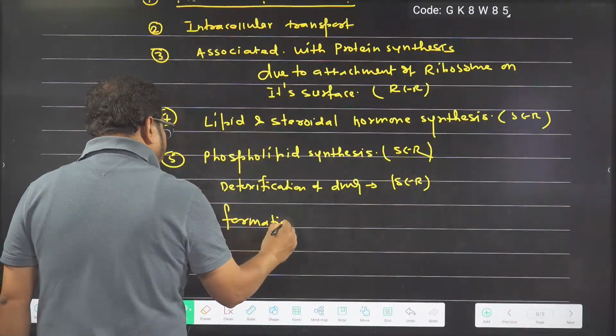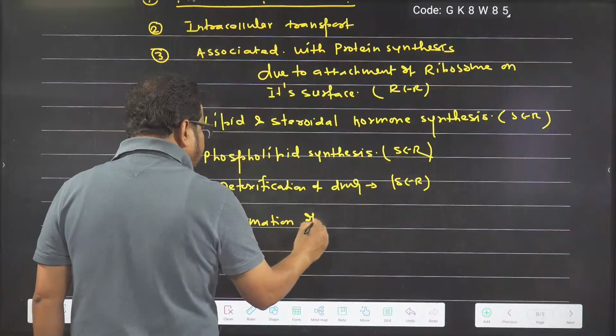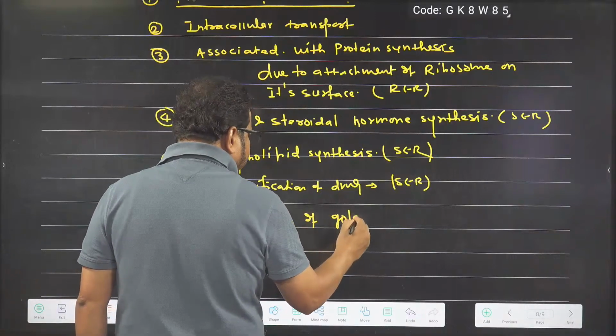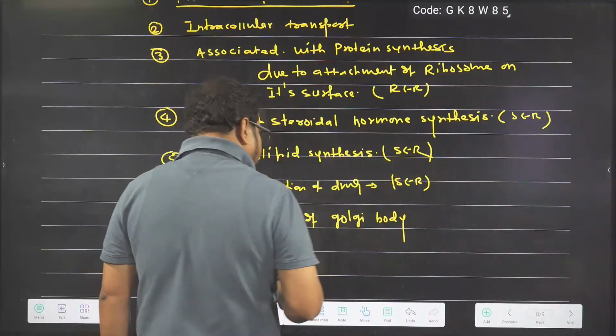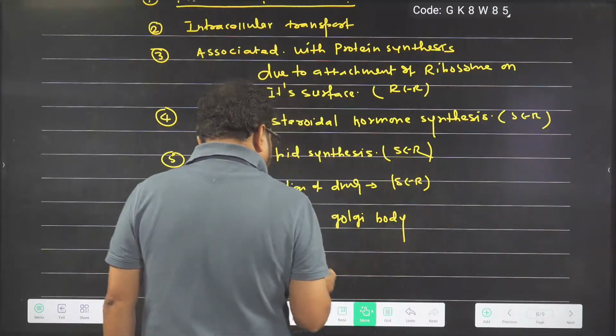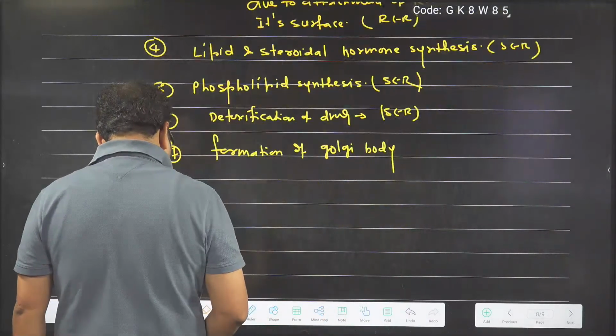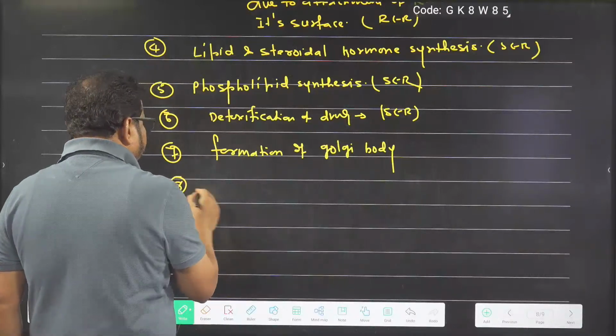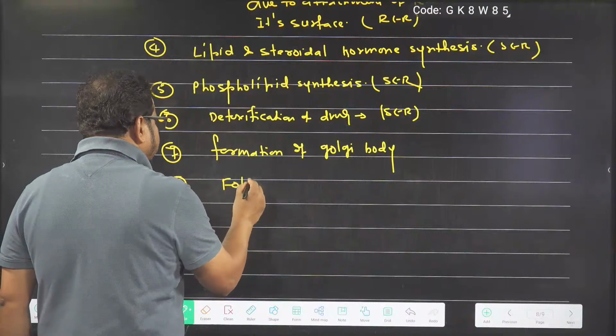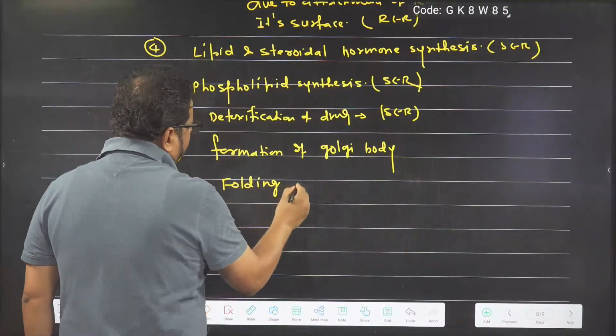Golgi body is also formed by which one? Formation of Golgi body. This is also done by ER. Getting the things? Golgi body formation occurs also by which one? ER. Another function you can write, if you wish, folding of protein.